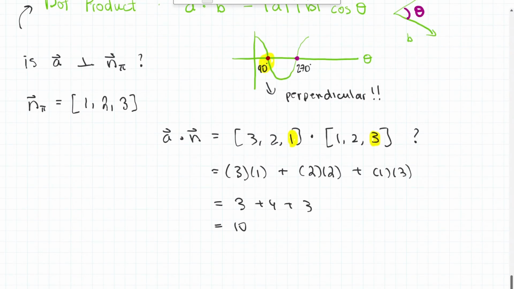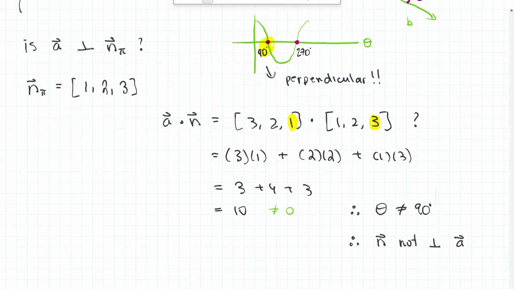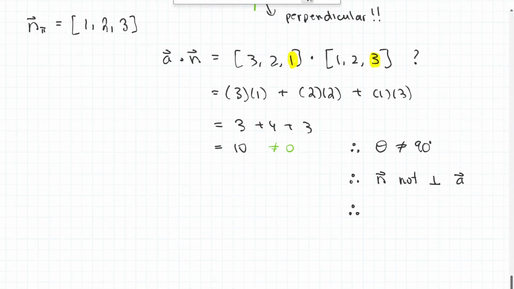And as a result, we can obviously see that 10 does not equal 0. So what that means is that the angle does not equal 90 degrees. And since the angle does not equal 90 degrees, n is not perpendicular with A. And since n is not perpendicular with A, therefore we can say that our vector A is not parallel with our plane pi. So that is our final conclusion there.